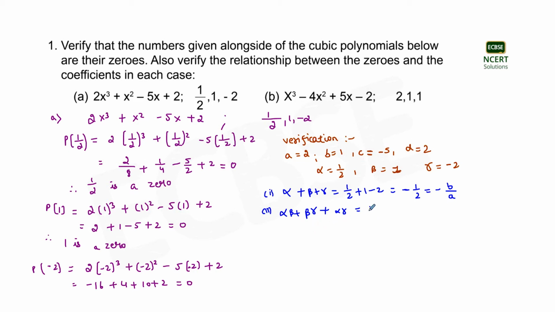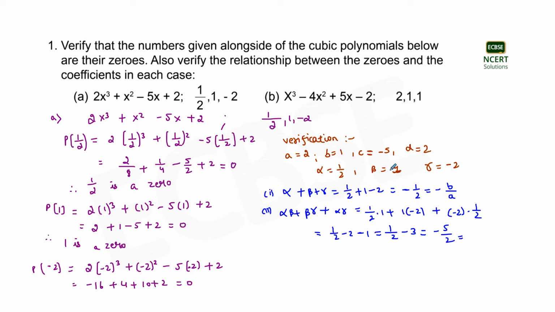Substituting the values, we obtain 1 into minus 2 plus minus 2 into 1 by 2, or we can write it as 1 by 2 minus 2 minus 1, which comes out to be equal to 1 by 2 minus 3, or is equal to minus 5 over 2.